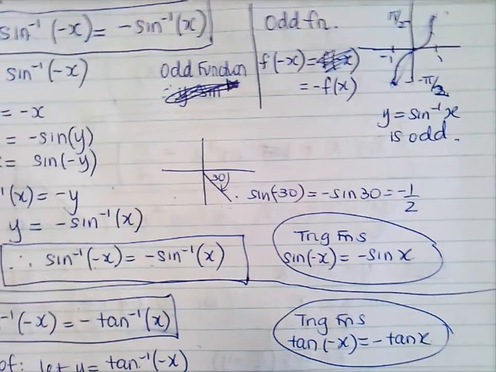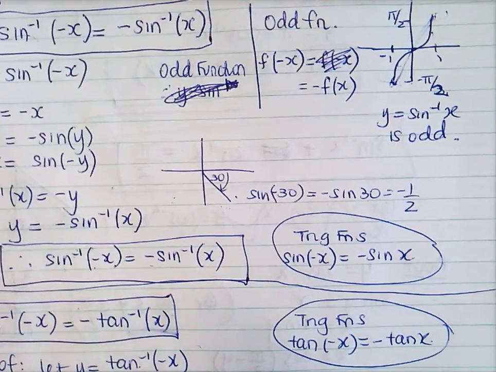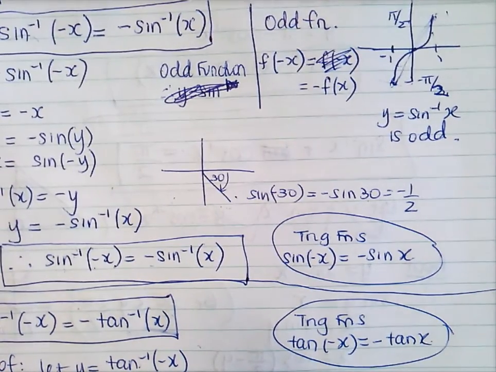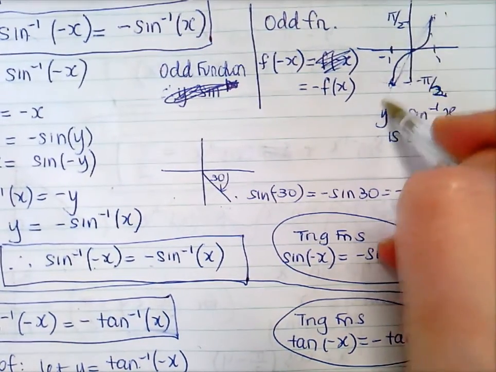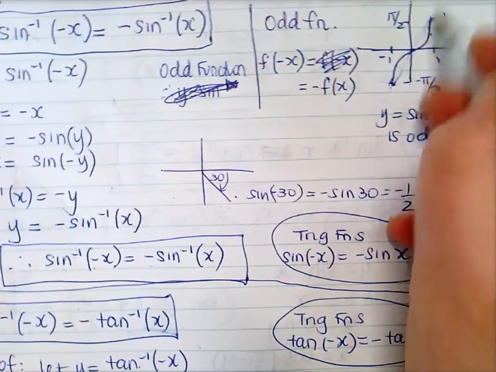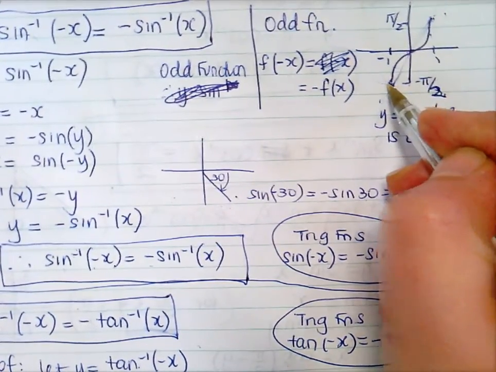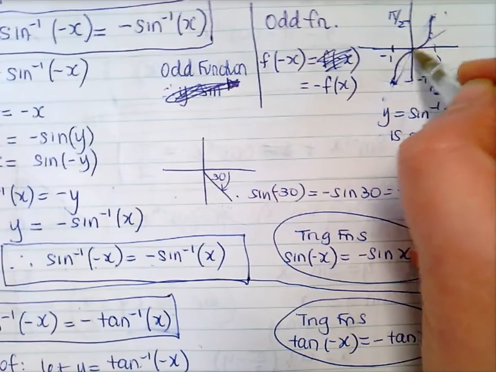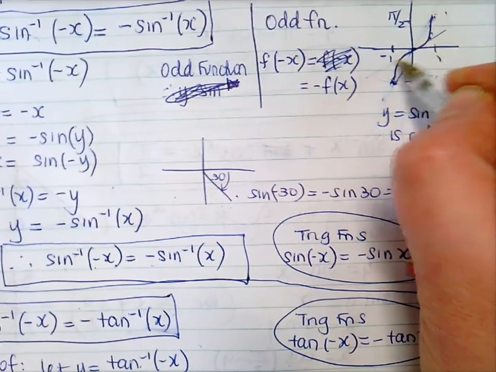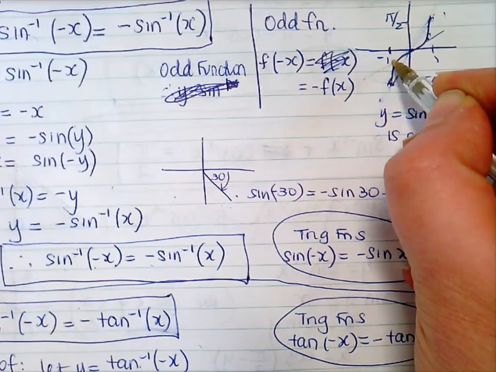That's how you do odd functions, rotating them about the origin. A 180 degree rotation is a straight angle. That's for odd.